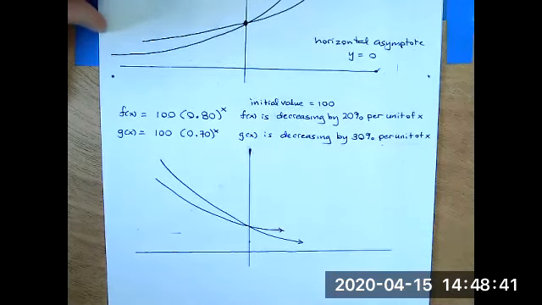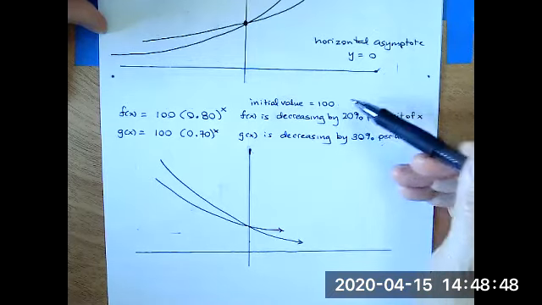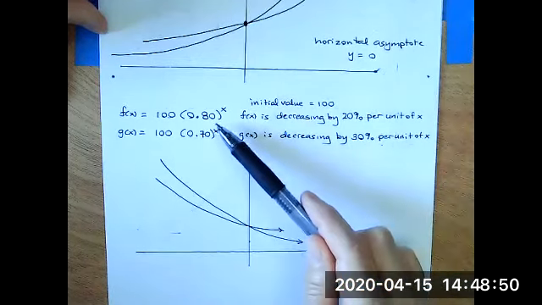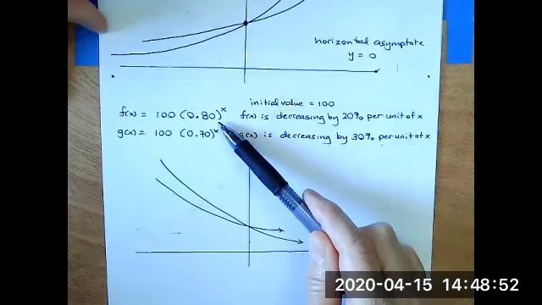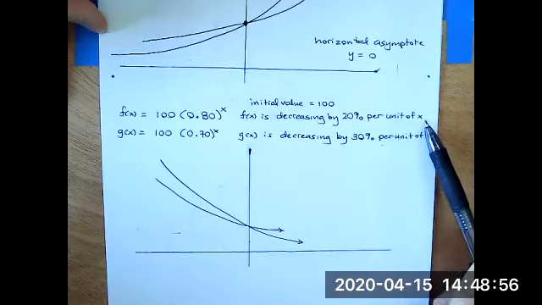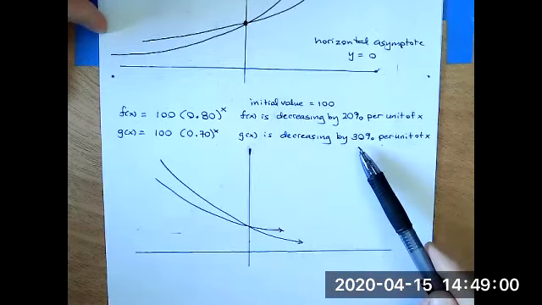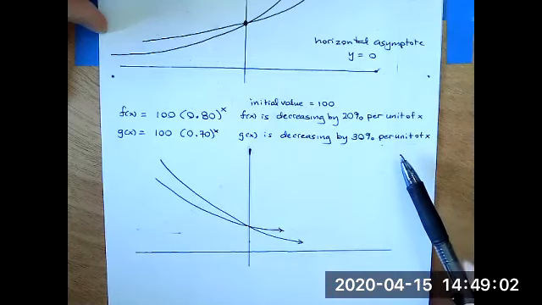If we look at the graph of two decreasing exponential functions with the same initial value, we can see from the base of f of x that f of x is decreasing by 20% per unit of x. G of x is decreasing by 30% per unit of x.